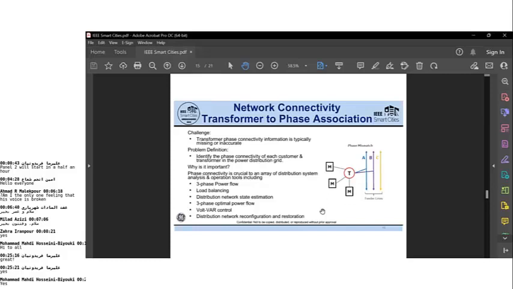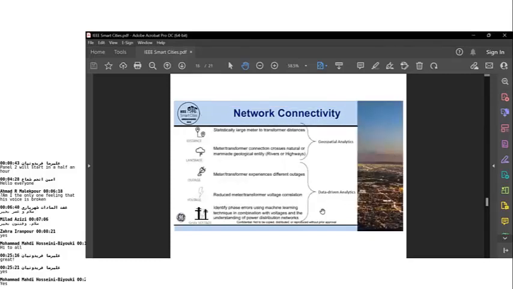Network connectivity is using two sources of data, kind of two analytics. One is geospatial, the other one is more data-driven. Geospatial is more concerned with the distance between the meter and transformer, basically working with the coordinates and trying to have a statistical analysis about the distances and the populations in different areas, urban and non-urban areas. And also some geospatial features between the transformer or meters, like rivers or highways.